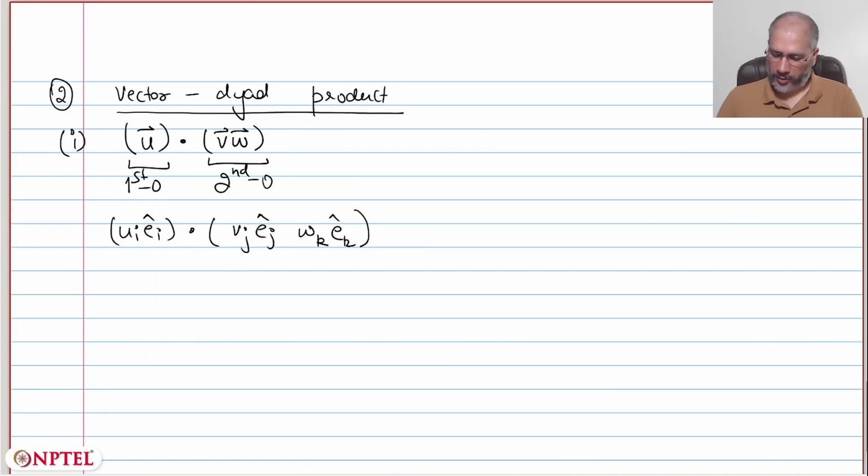The way this product is defined is that you take the dot product between adjacent vectors. So if you look at the left of the dot, you have an EI, and to the right of the dot we have an EJ. So the dot happens between EI and EJ.